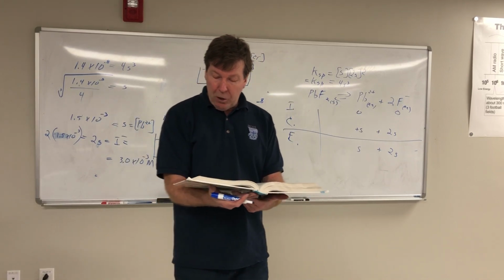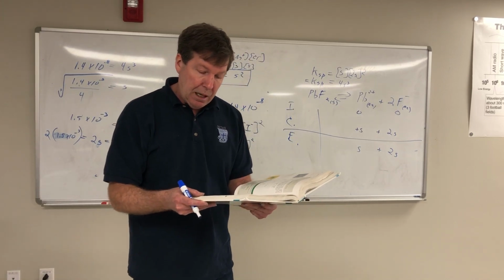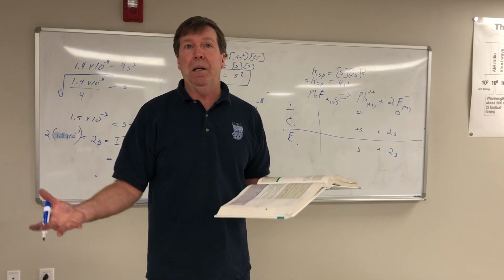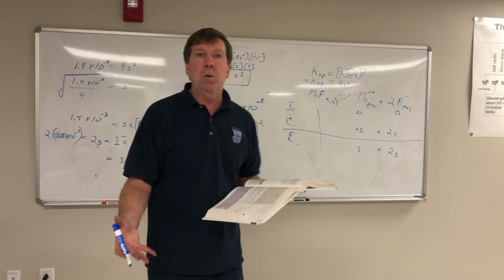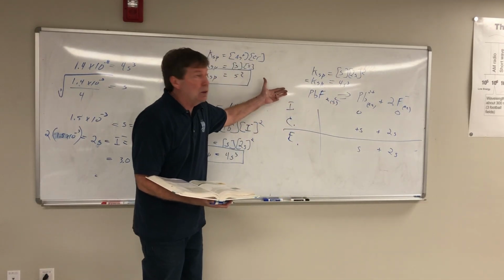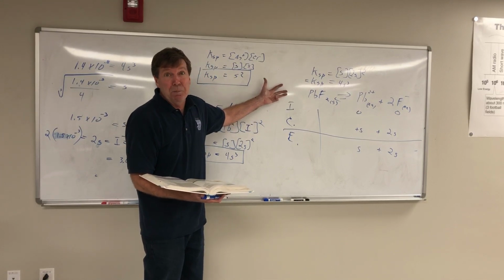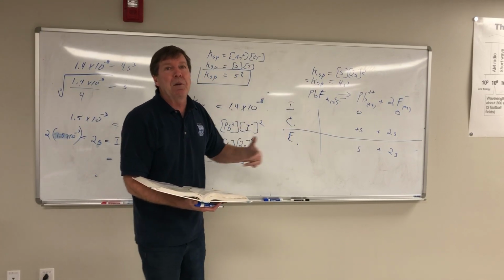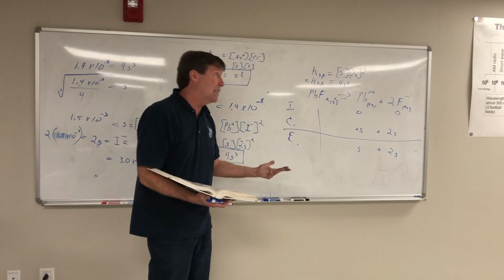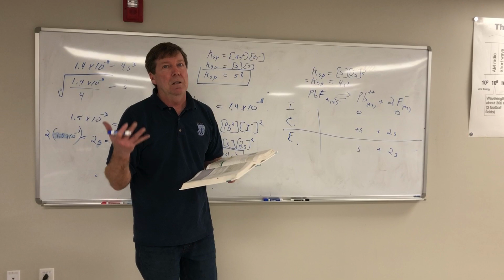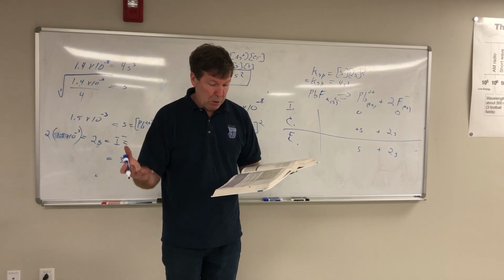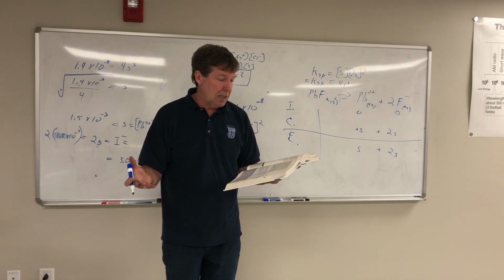Most of the time we don't deal with 3 to 2 ionization, but it could happen. And if you set up your ICE problem and then set it equal to KSP, and you do some fairly simple math, you don't even have to memorize those numbers for the 3 to 2 or the 3 to 1. But if you want to make sure you don't make a mistake, you're going to have to memorize those. Again, it's table 16.3.